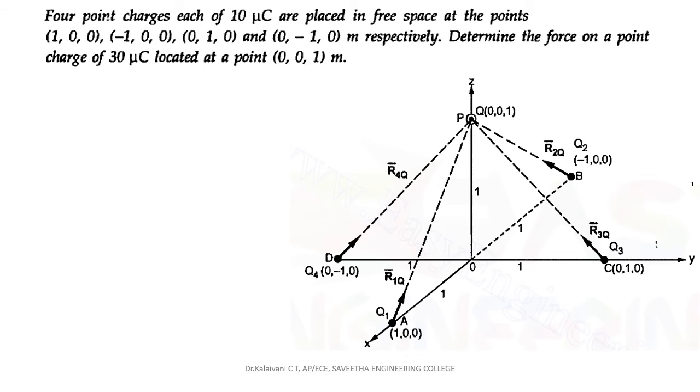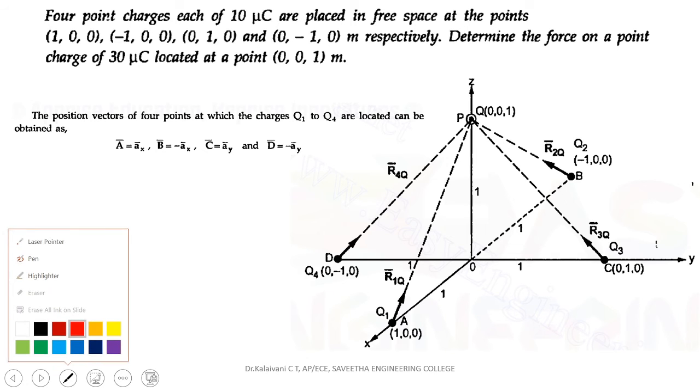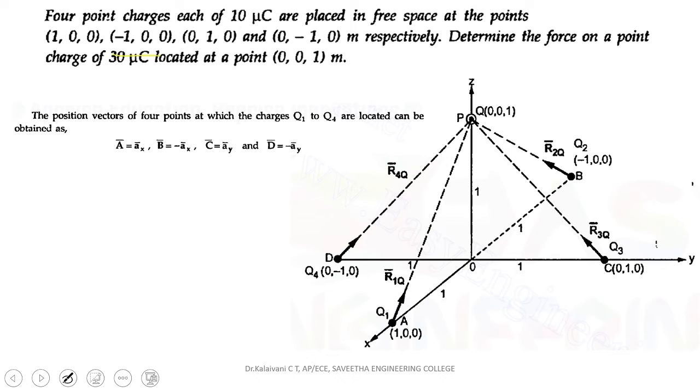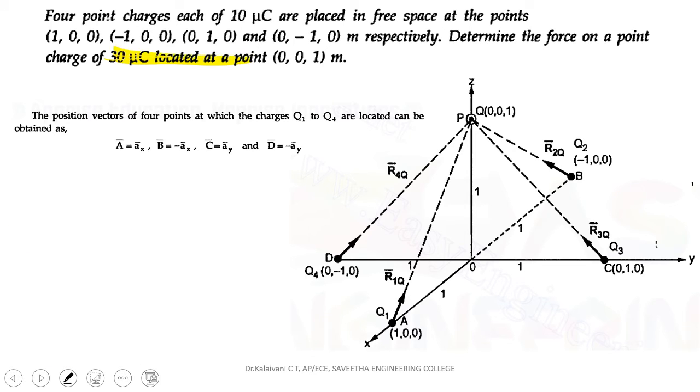So how can I draw a diagram for this? The 30 microcoulomb charge is the charge on which we are going to find the force. It is at the location (0, 0, 1).